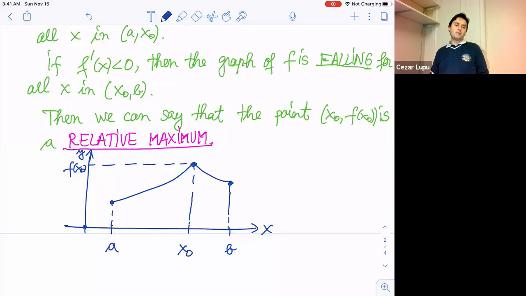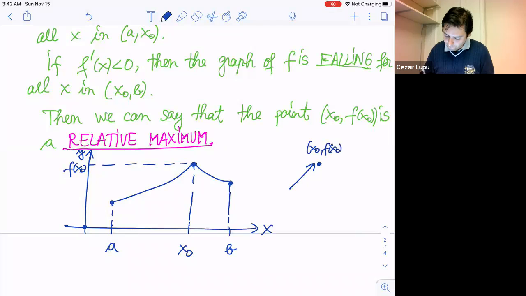As you can see, it's rising on the interval a x naught, and then it's falling from x naught to b. So we can express this. Let me write it. I will put an arrow here all the way up to this point, x naught, f of x naught, and then it will just fall.